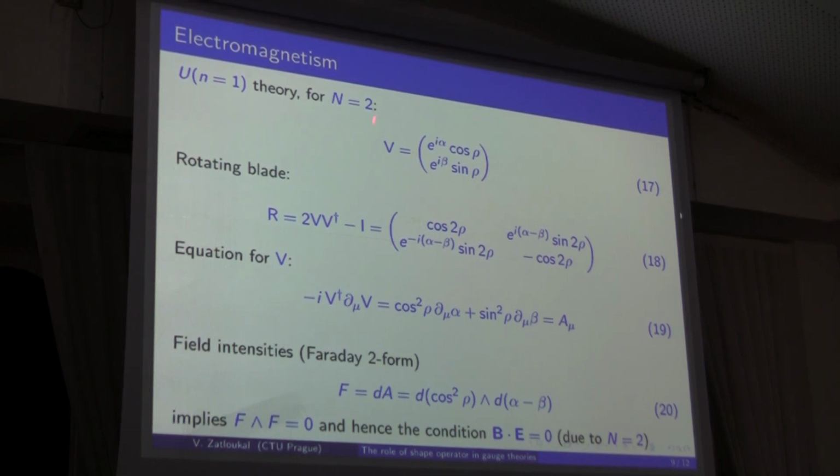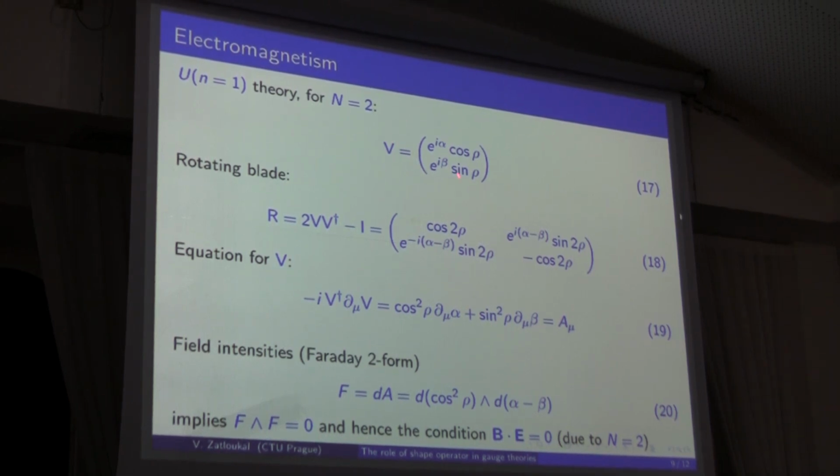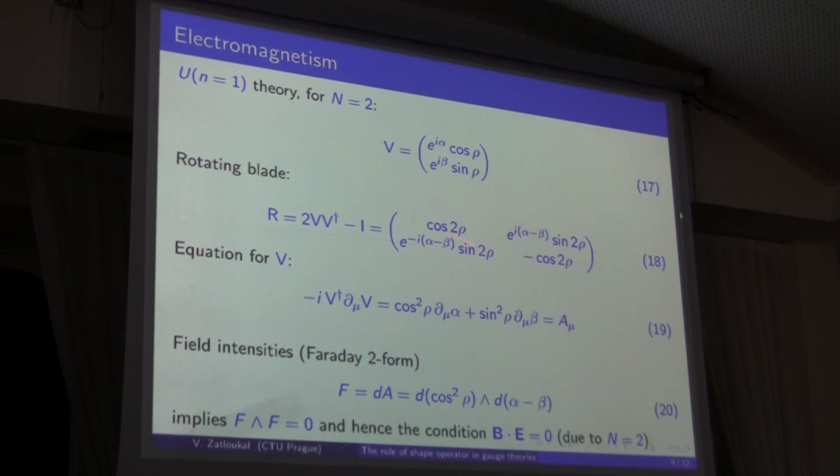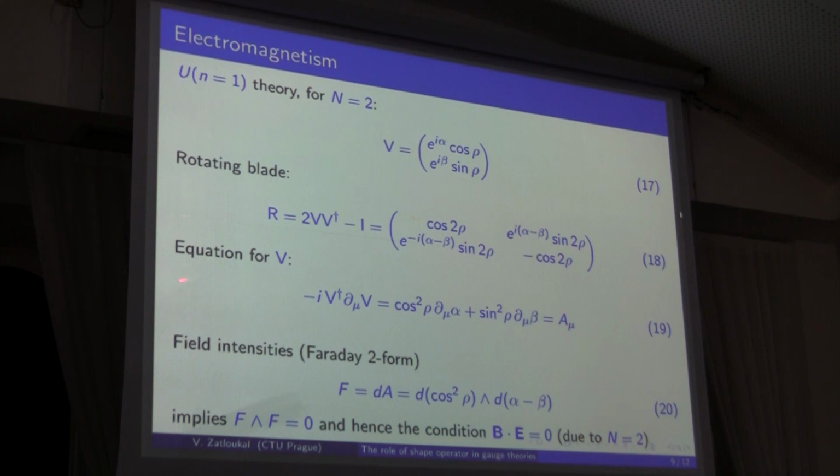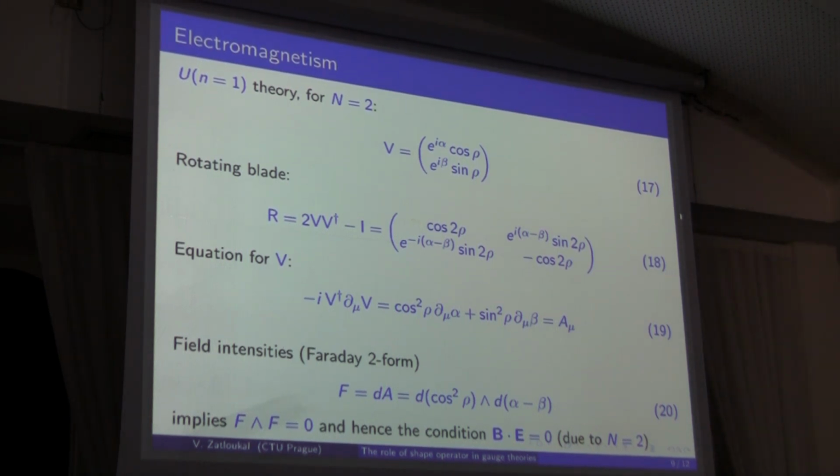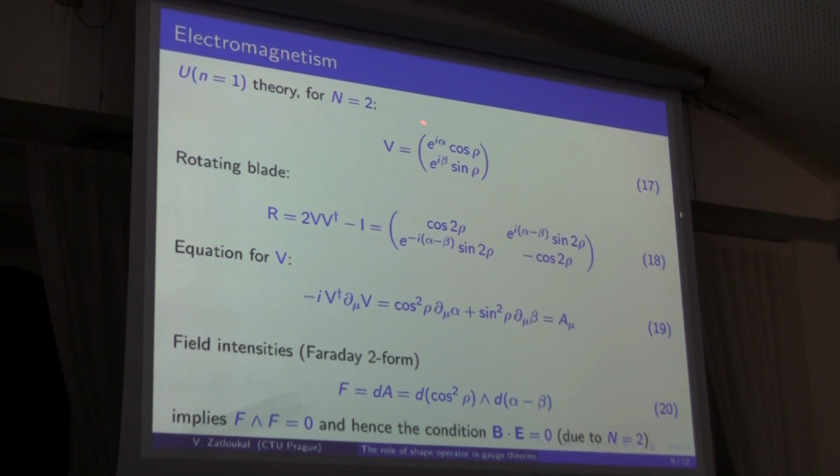So we can parameterize this rectangular matrix V like this; it only has to be normalized to 1. Basically, it's a vector. So we have some local parameters, alpha, beta, and rho, the rotating blade is calculated like this. And the equation for V, the original equation on the first slide, is just written in terms of these parameters, alpha, beta, rho.